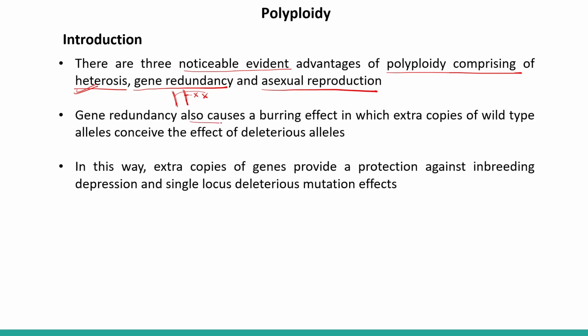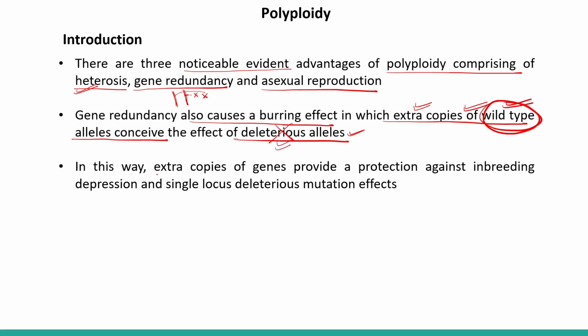Gene redundancy also causes the buffering effect, in which extra copies of the wild type alleles conceal the effect of the deleterious allele. Sometimes there are deleterious alleles, and sometimes there is also the wild type allele for that particular gene. This wild type allele causes the buffering effect, because it has extra copies and can mask the effect of the deleterious allele.